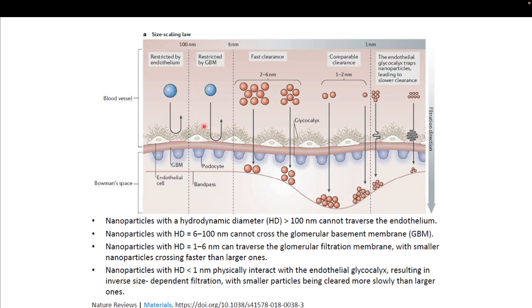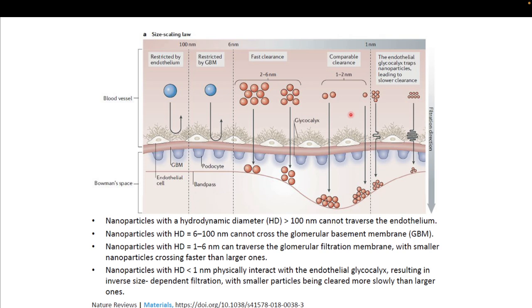A particle of more than 6 nanometers in size will be restricted because the gap between these cells is not more than 10 nanometers. So if you have a 100 nanometer particle, it won't be cleared. If you have a particle size somewhere around 1 to 6 nanometers, that will be cleared because it can easily pass through these layers and be cleared off from your kidneys.